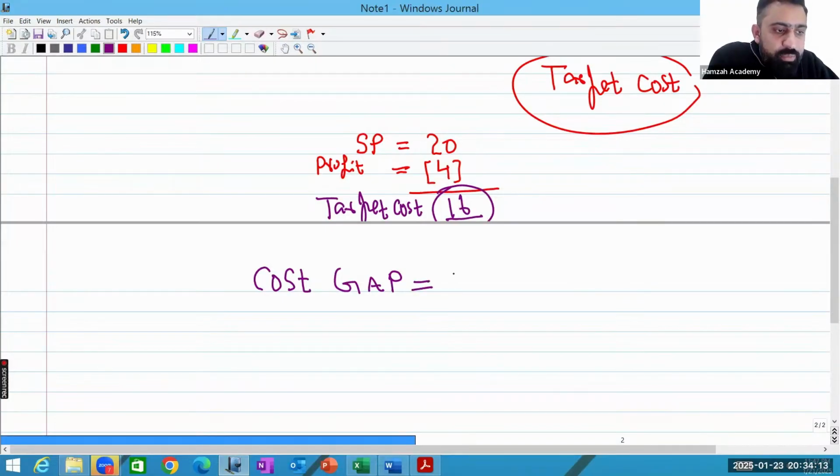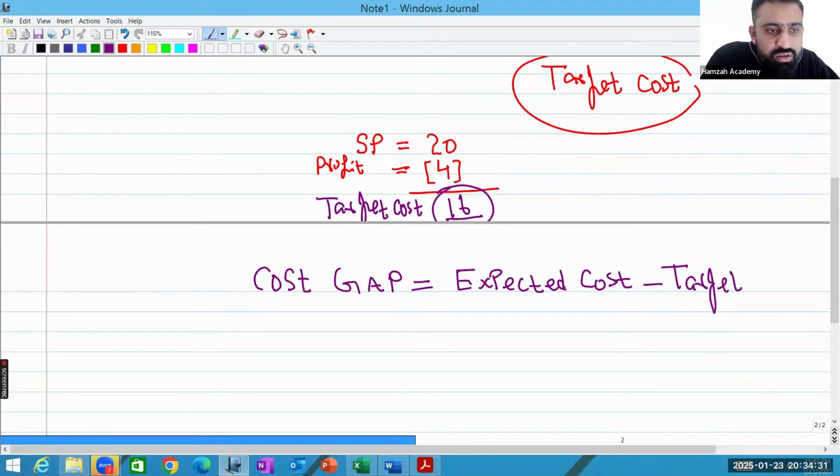The cost gap is a difference between expected cost and your target cost. Now, for example, if we continue with this example, your target cost is $16.